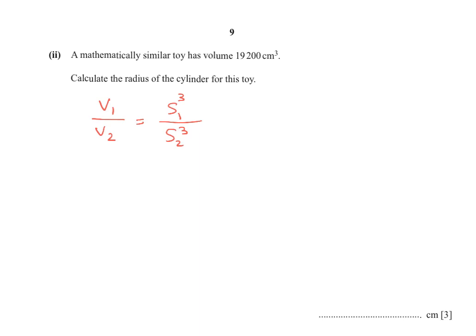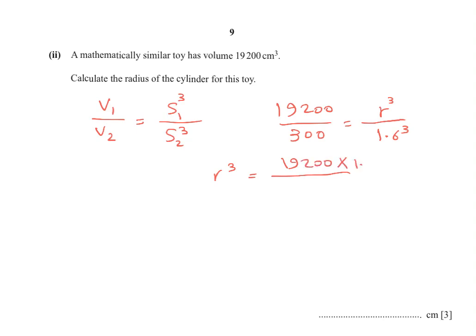So 19,200, the volume for the bigger toy, over the volume for the smaller one, equals r cubed, the radius for the bigger one, over 1.6 cubed. Now cross multiply, you find r cubed equals 19,200 times 1.6 cubed over 300.